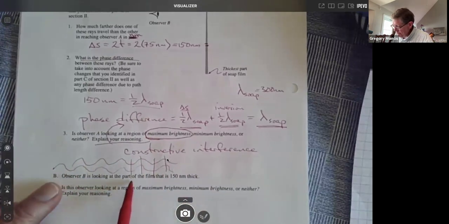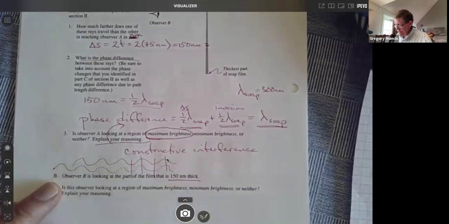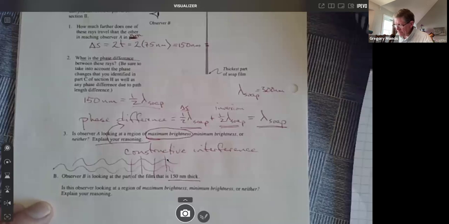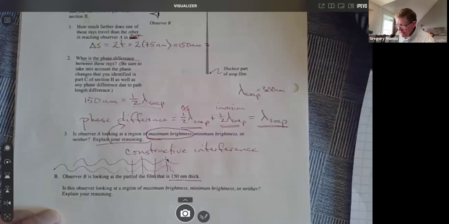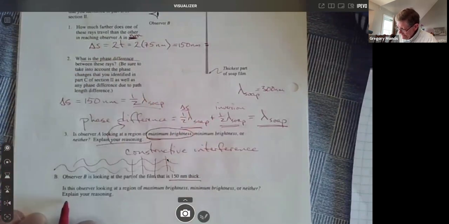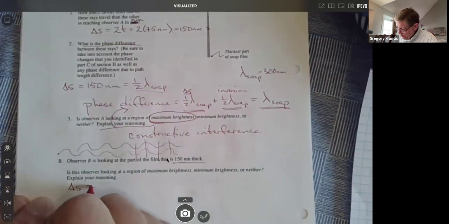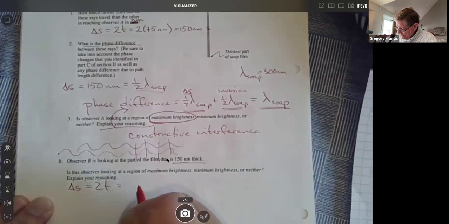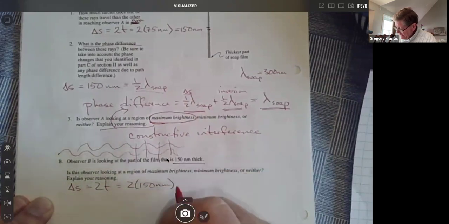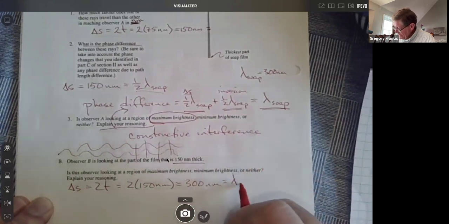Observer B is looking at a part of the film that is 150 nanometers thick. Well, in that case, the delta S or path length difference is going to be twice the thickness, or twice 150 nanometers, which is 300 nanometers, which is exactly the wavelength in the soap.